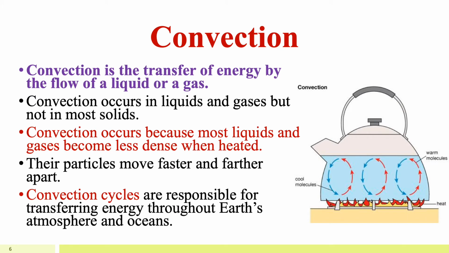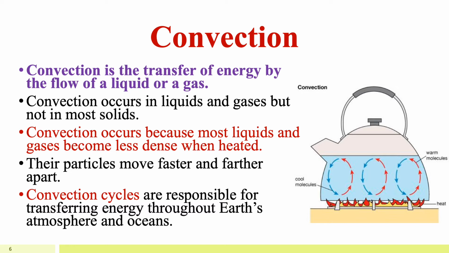What is convection? We learned about conduction. Convection is the transfer of energy by the flow of liquid or gas. The liquid or gas starts to move in circles. We call these circles convection currents. Convection takes place in liquids and gases but not in solids.